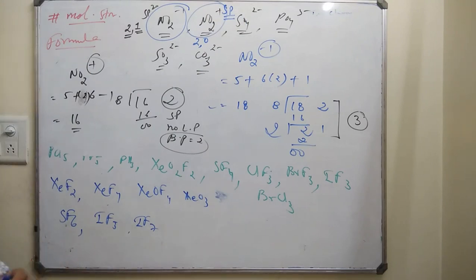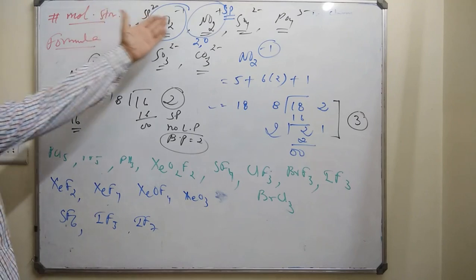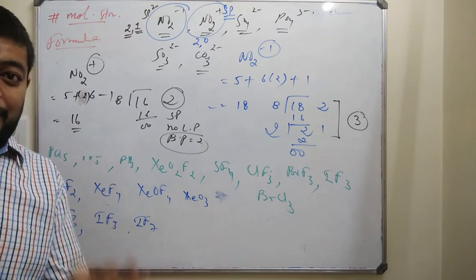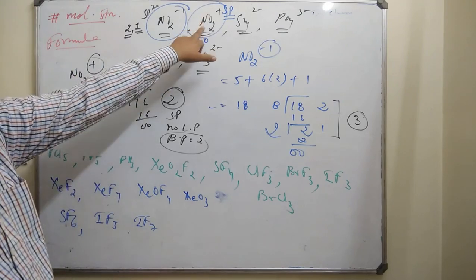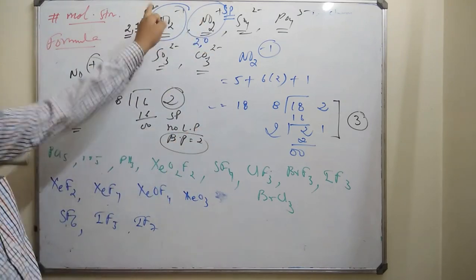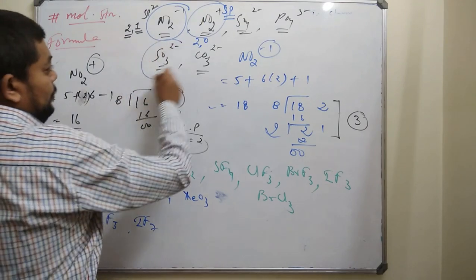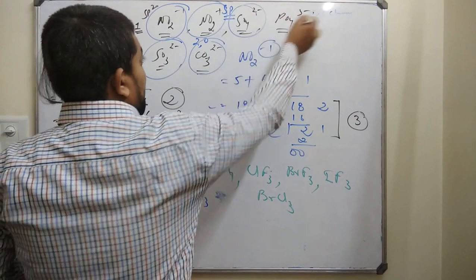So which of the following do not have the same kind of hybridization? If this is given and this is given together, either of these can be your answer. If you are supposed to find out what is not sp2, this will be your answer. What is not sp, this will be your answer. Friends, I ask you to calculate such types of questions using the formula.